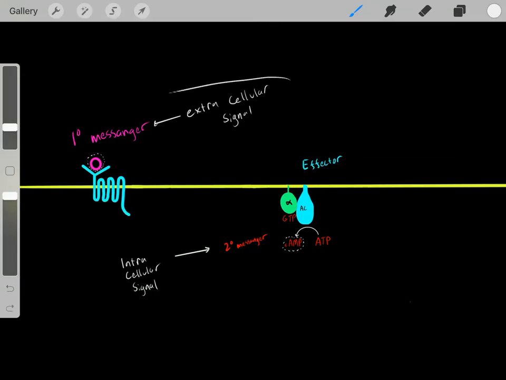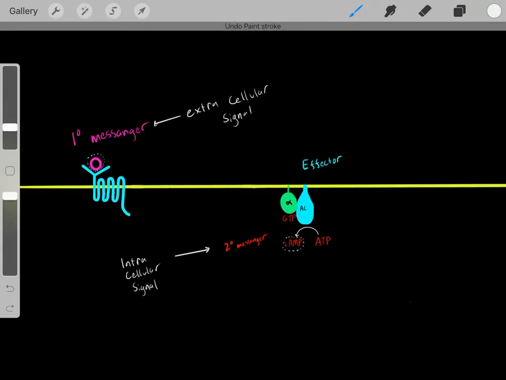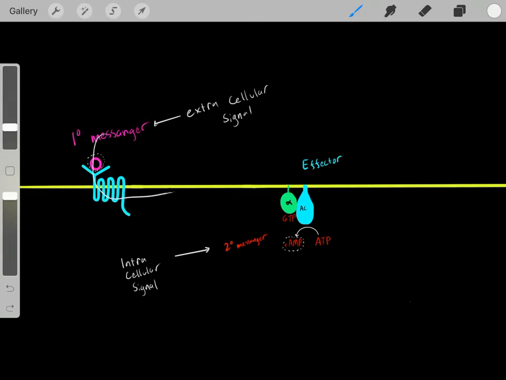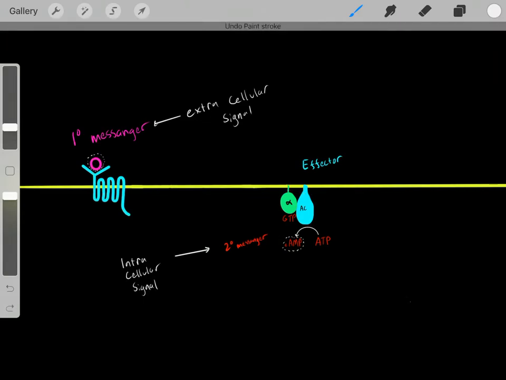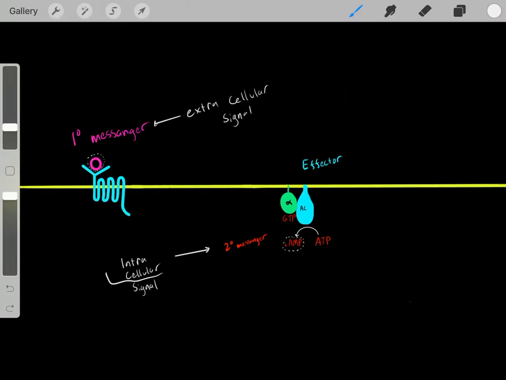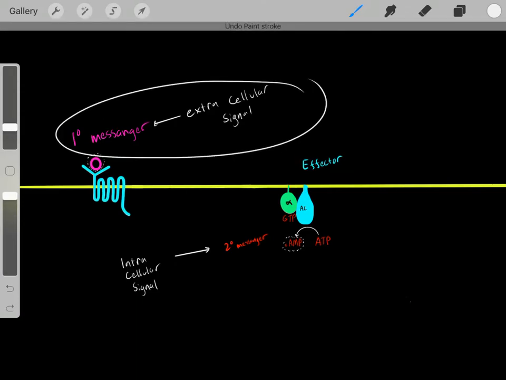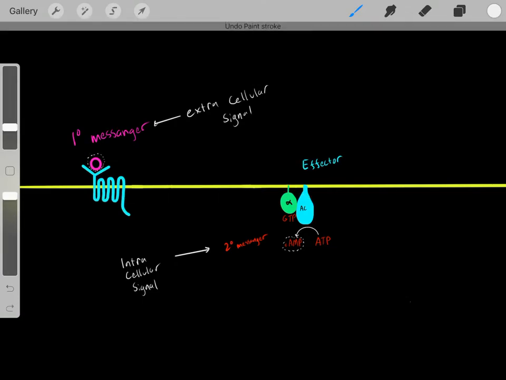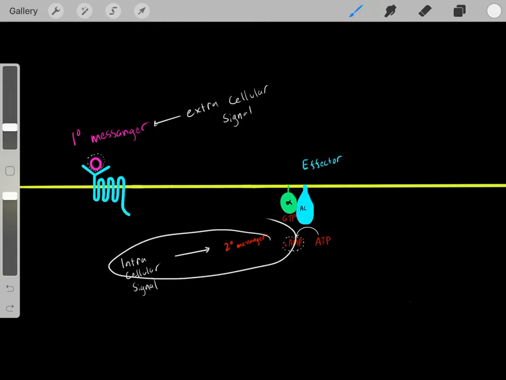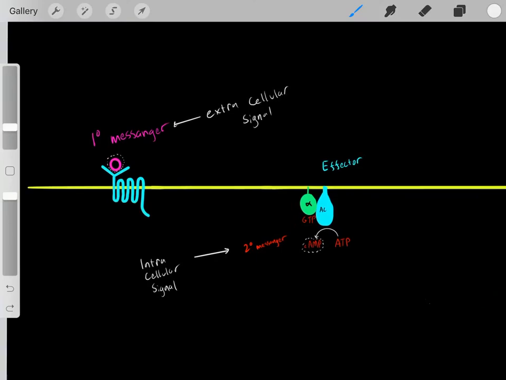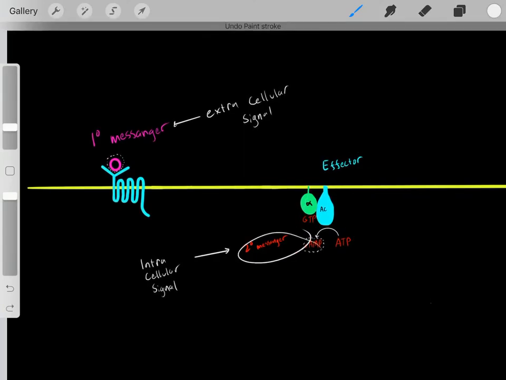So this original extracellular signal, this primary messenger, essentially activates this cascade of events, which activates the secondary messenger, which is the intracellular signal. So it's kind of like the secondary messenger is completing the work of this primary messenger. So the primary messenger binds extracellularly, causes changes that create this intracellular secondary messenger, which can complete the changes inside the cell. And again, the effector is by definition what created the secondary messenger.